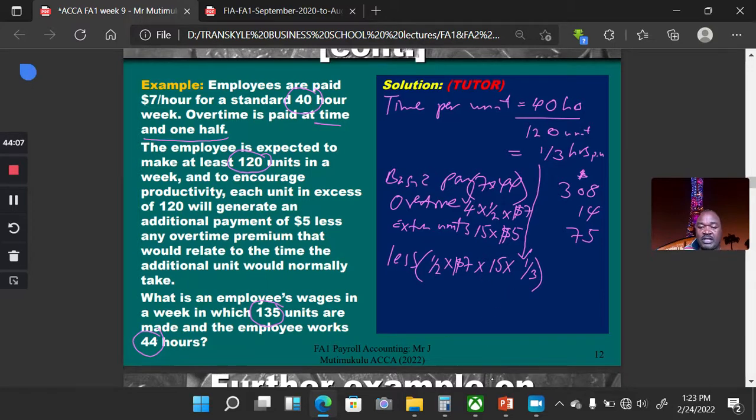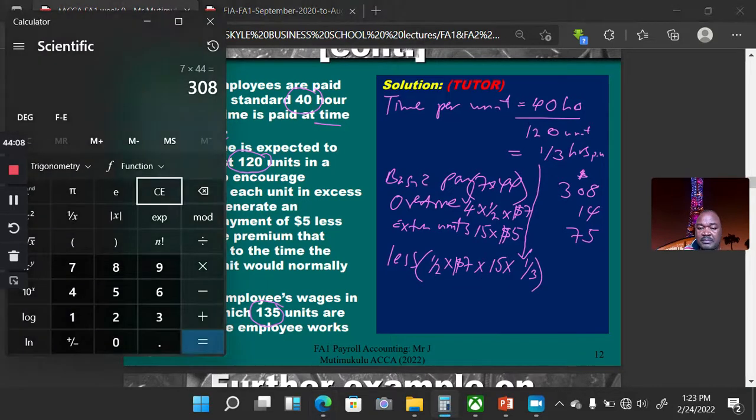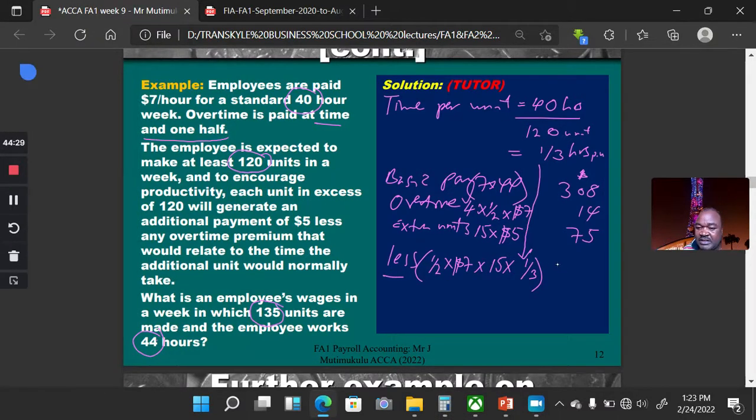We use our calculator: 0.5 multiplied by 7 multiplied by 15 multiplied by a third, that's 17.5. Remember, we are saying less, so that 17.5 is in brackets. This is the amount of the total wage.